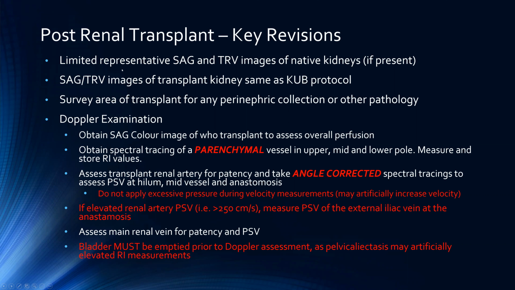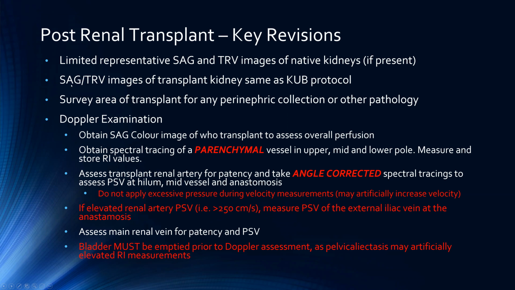So in addition to the general grayscale images of the native kidneys, those can be pretty much limited to sagittal and upper, mid, and lower pole transverse grayscale images. Obviously, we need more extensive imaging of the transplant kidney itself, same as would be done for the KUB protocol in the native kidneys.